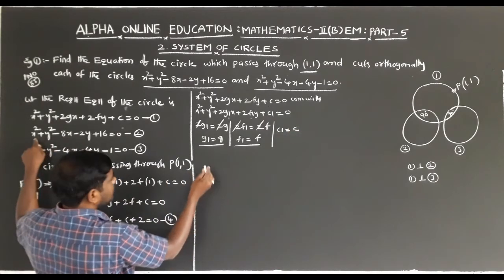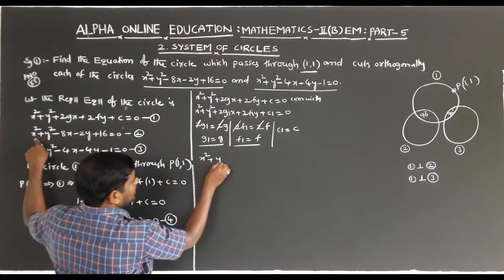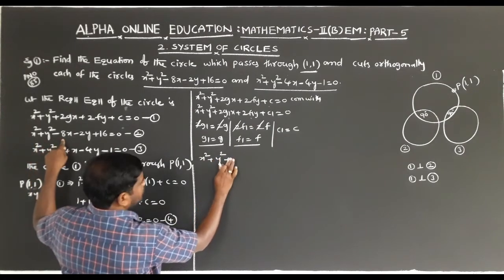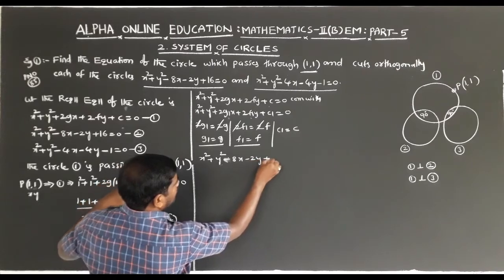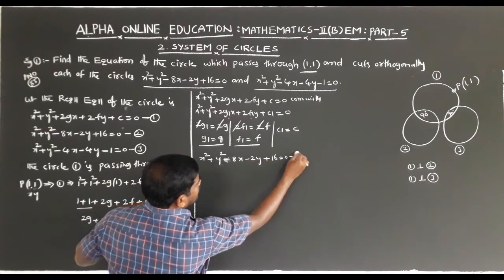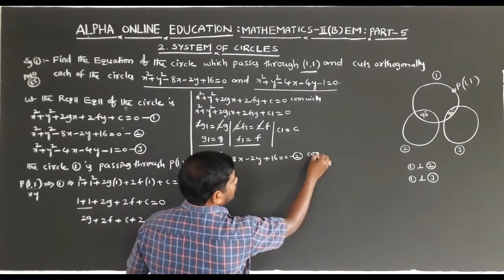Again, the second circle is x square plus y square minus 8x minus 2y plus 16 is equal to 0.